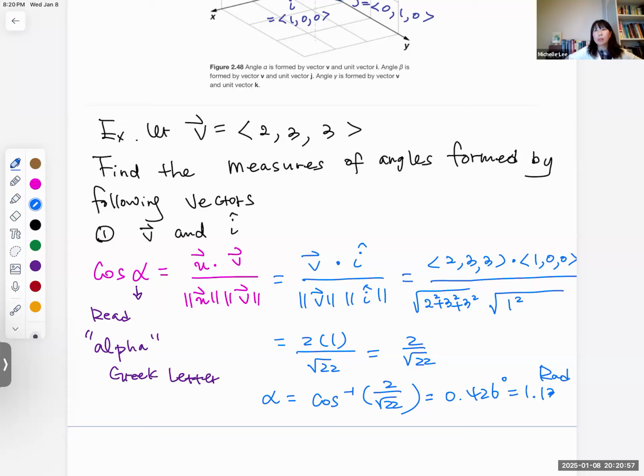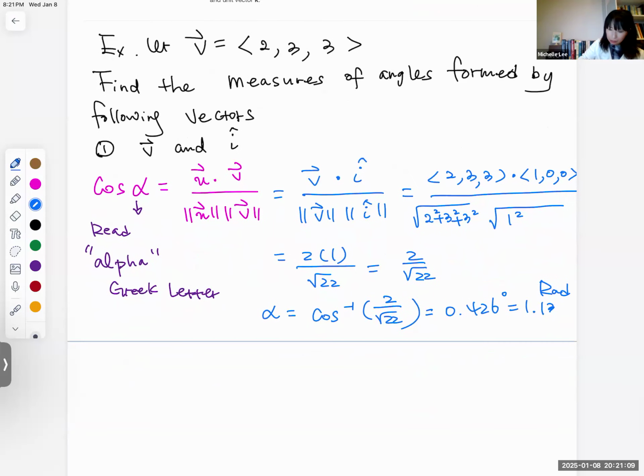Now, how do you find the angle between V and j? It's the same concept. Let me make a note for you.